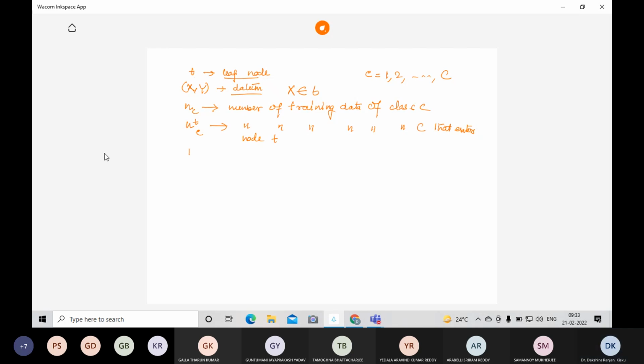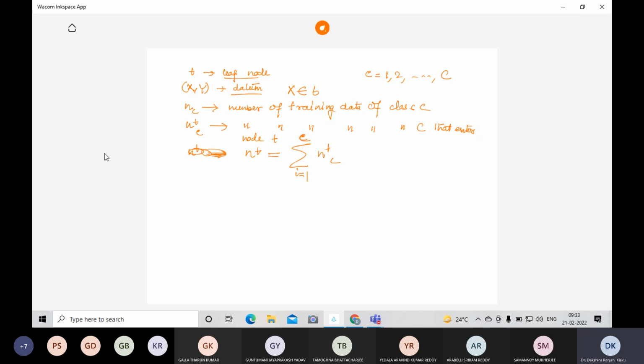We can consider one more variable. We can write Nt equals the summation of NTc, with i equals 1 to capital C, or small c.